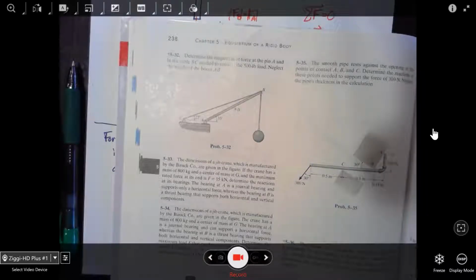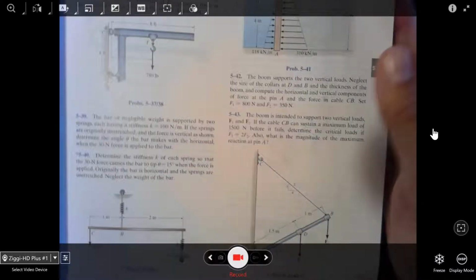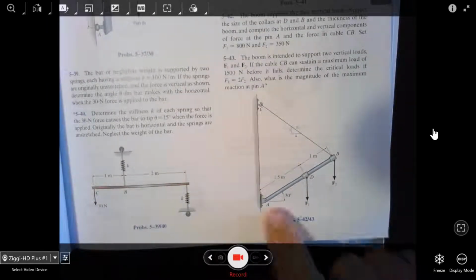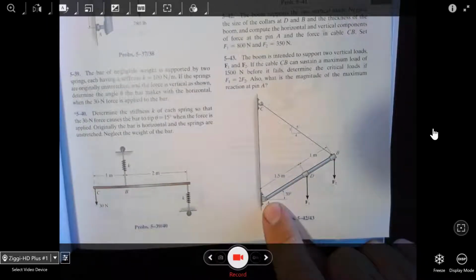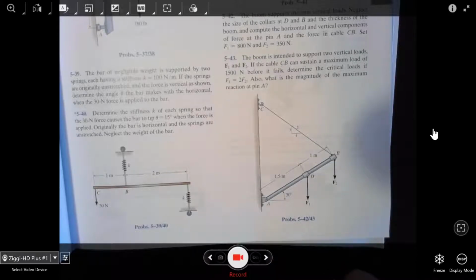Okay, let's look over at this boom here. Is this a two-force member? Think about how many locations of force application there are on this guy.